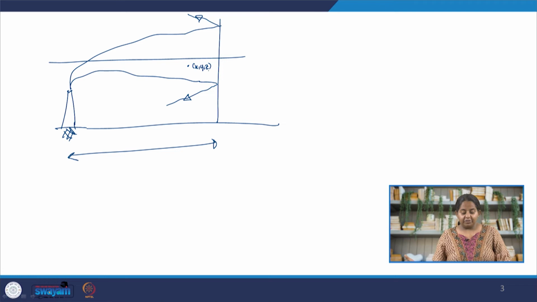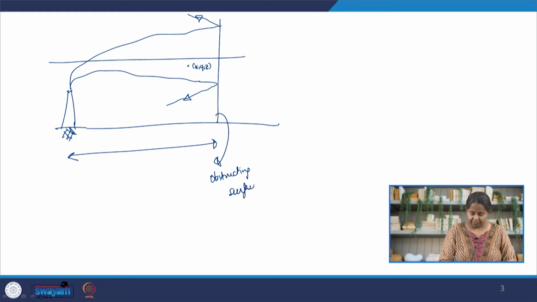Students, I hope that you were able to think, but even if that was not the case, don't worry. Notice one thing. If this is the perfect reflection, then the surface is acting like a mirror, the obstructing surface. So remember the mirror that we studied in our 10+2 physics?